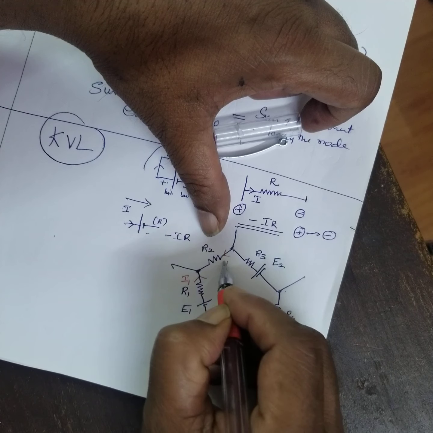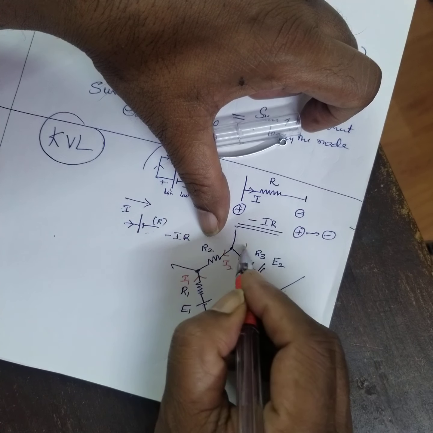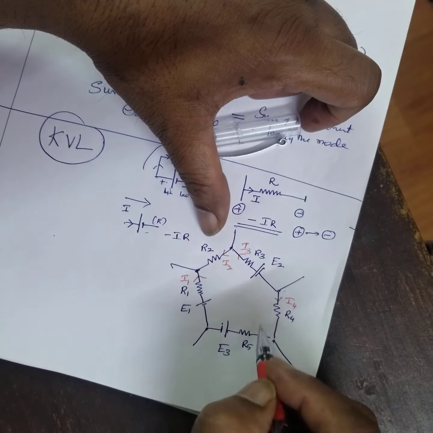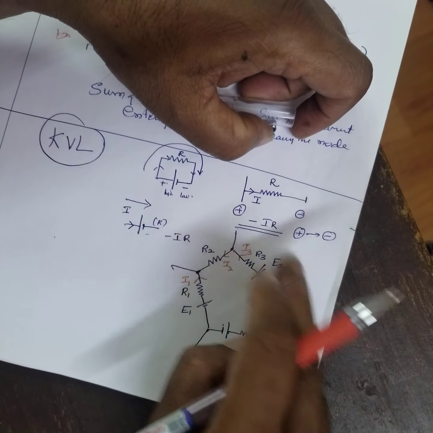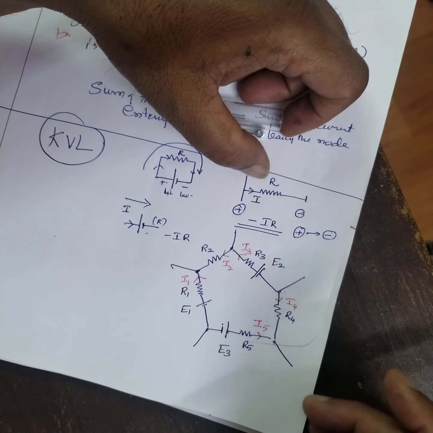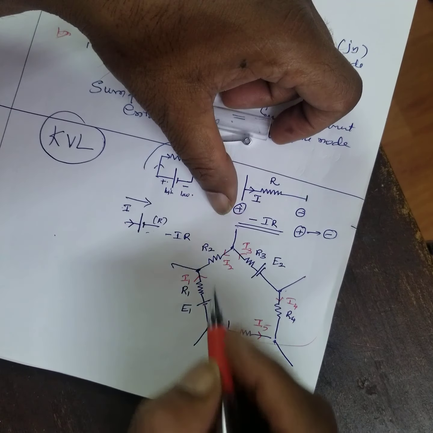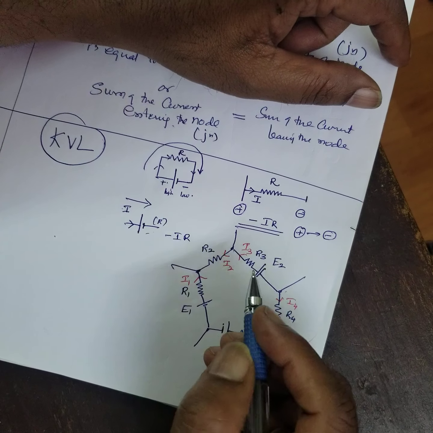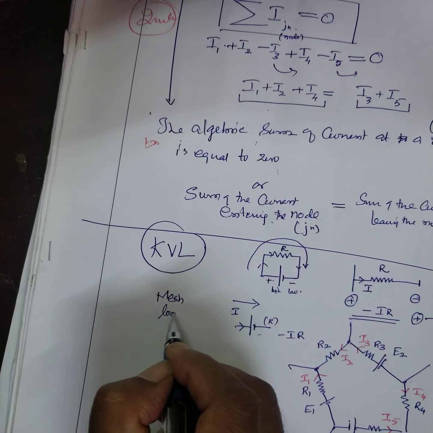Here it is I2, I3, I4 in a different direction, I5. You write like that, in whatever direction, because each EMF is different. This is a network. This is called a loop, a mesh or a loop.